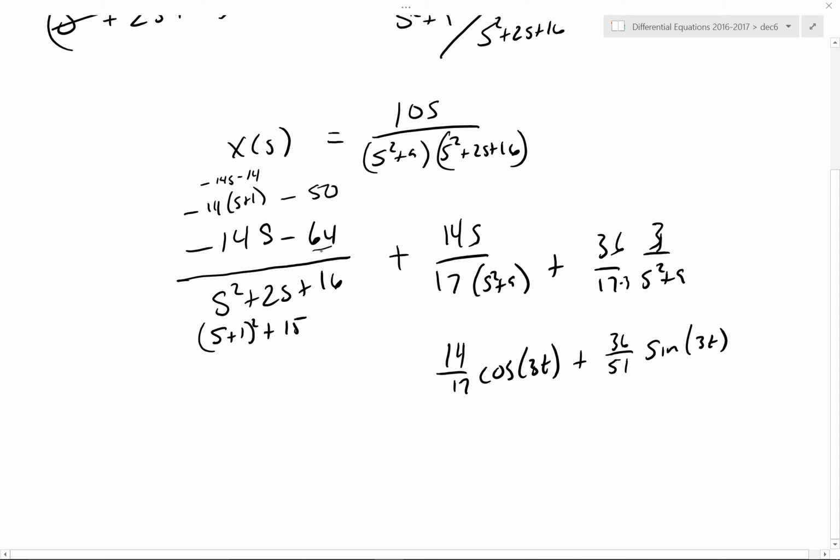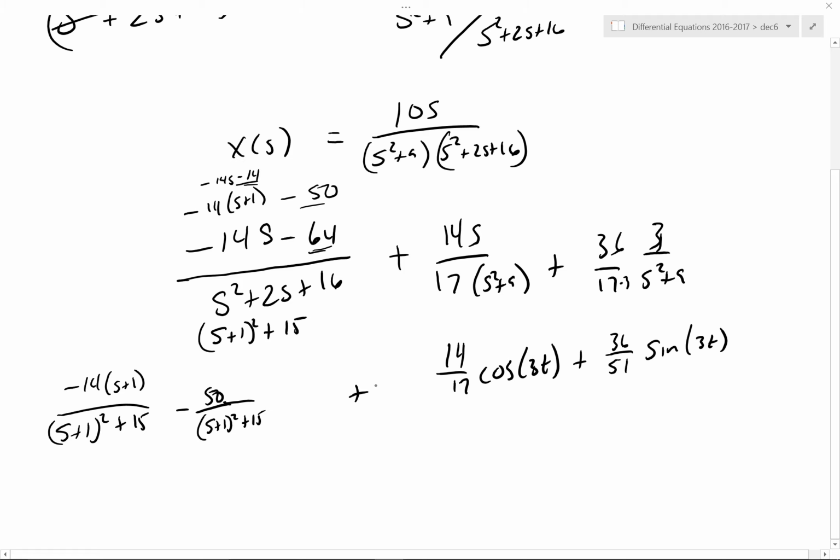Because it has to add to negative 64. So negative 14 and negative 50 are there. So what I've got then is negative 14 times (s plus 1) over (s plus 1) squared plus 15, minus 50 over (s plus 1) squared plus 15.